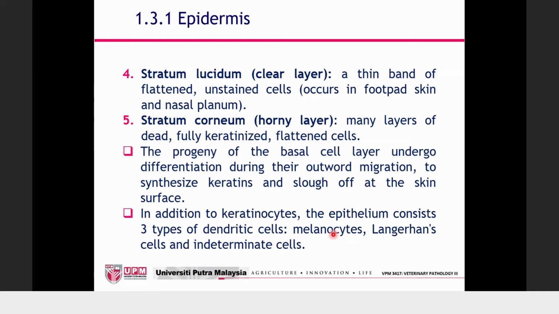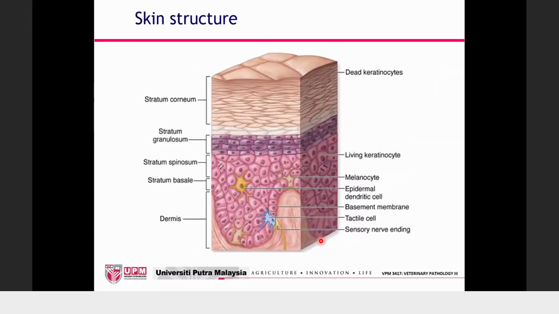Okay. So again, I have to emphasize, remember this diagram so that you know what you are looking at. This is an example of the epidermal dendritic cell, and as I mentioned, you do have melanocytes here, usually at the basale, whereby melanocytes form finger-like projections and give color to the stratum basale cells, so that when the cells travel outward, the cells will have color or the melanin inside.